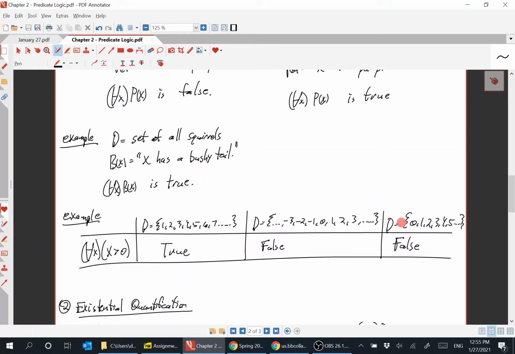And how about this one? So D is the set 0, 1, 2, 3, 4, 5, and so on. For all x, x is bigger than 0. That's false. Where does it fail? Which x's are not bigger than 0 in this domain?